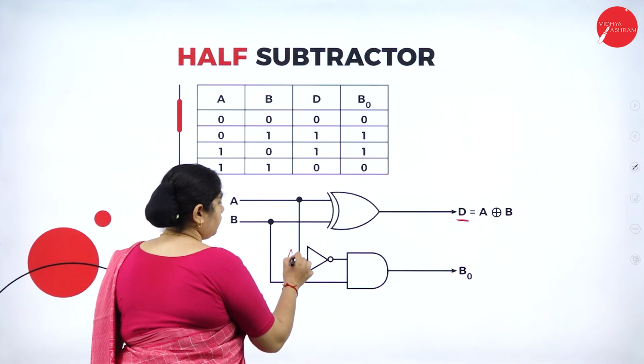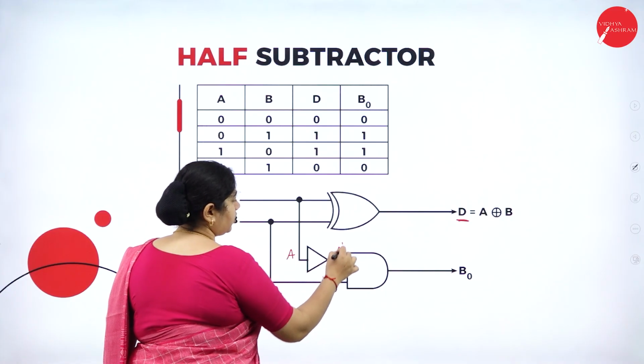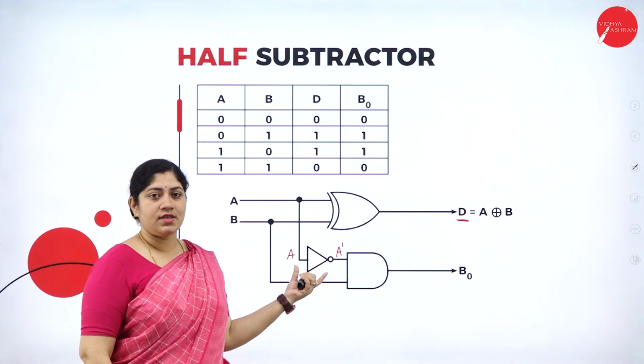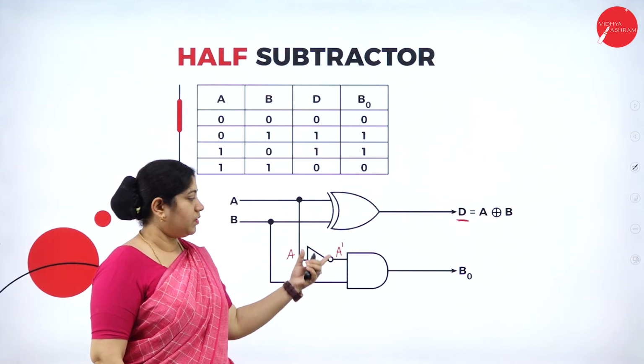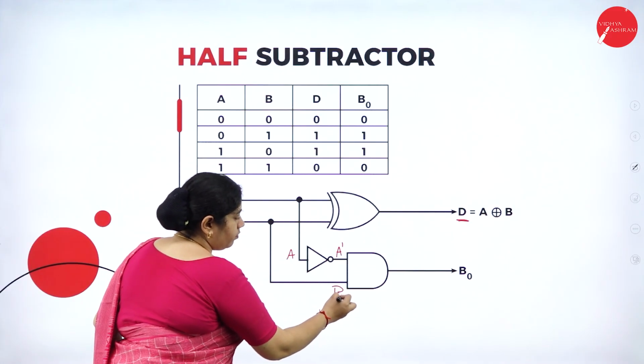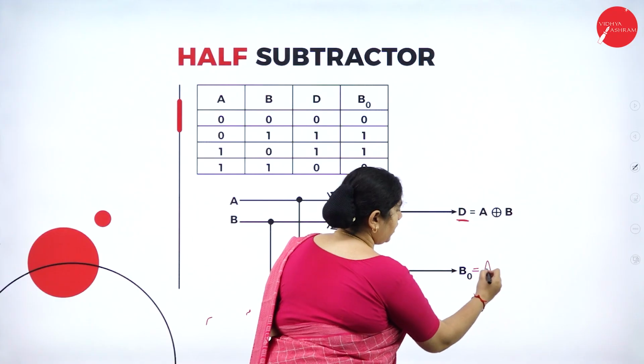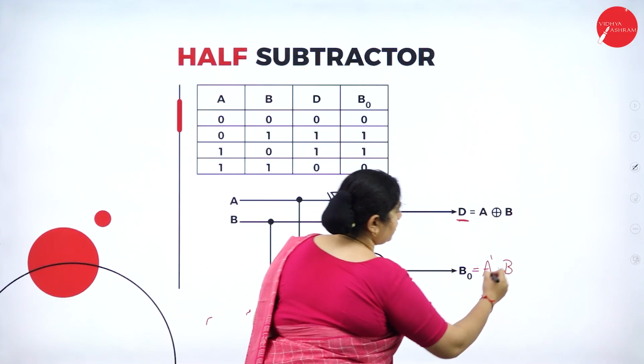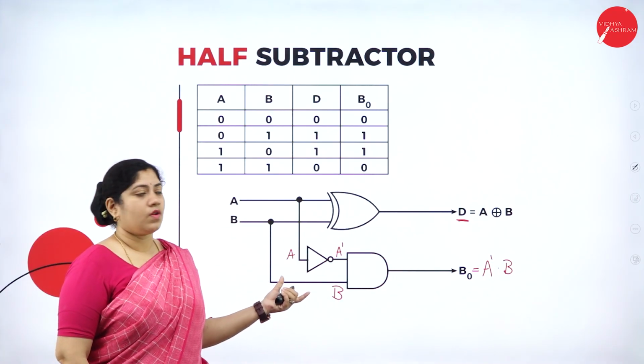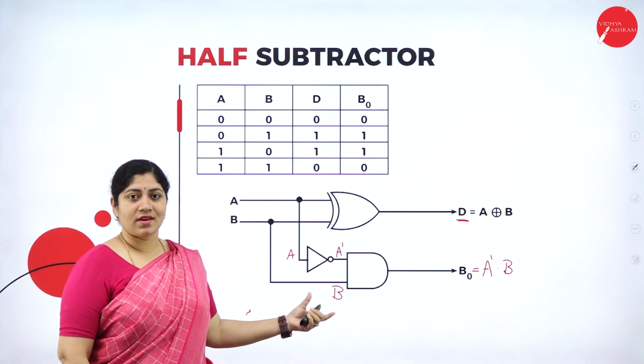So here we are giving the input A and getting A dash. So the two inputs will be A dash and B, and finally the borrow output will be A dash into B. So this is all about the basic logic diagram.